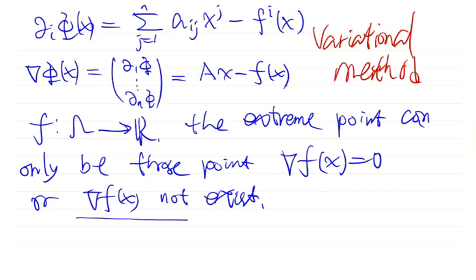The non-differentiable point, the point where the partial derivative does not exist, might also be a local minimizer or local maximizer. But if our function is smooth, we will not encounter this kind of point. So the suspicious point is the critical point, that is, the gradient at that point is 0.